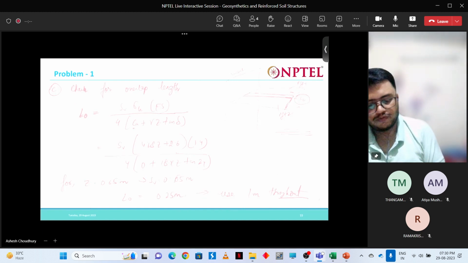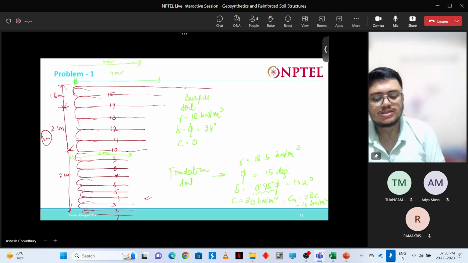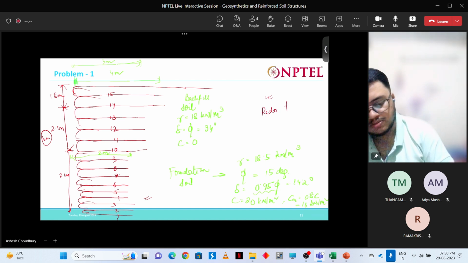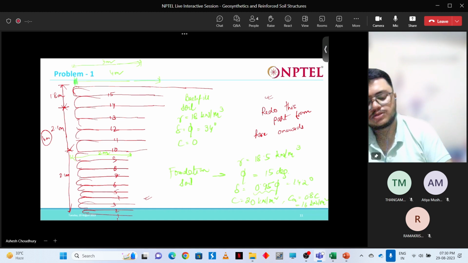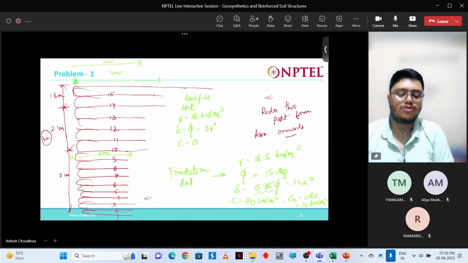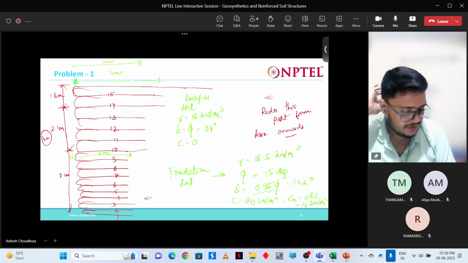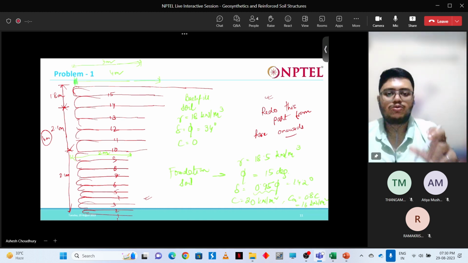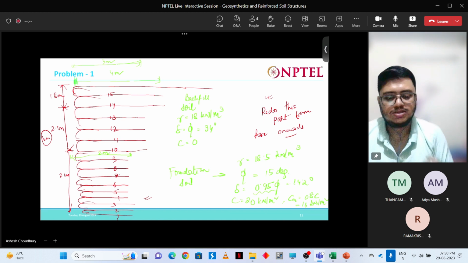I will be following this only. Redo this part yourself from here onwards. I will follow this just to show you how all the calculations are done, so that you can do it yourself correctly.